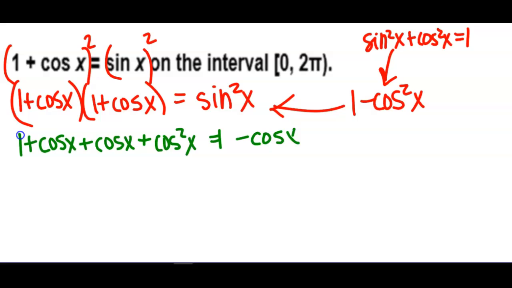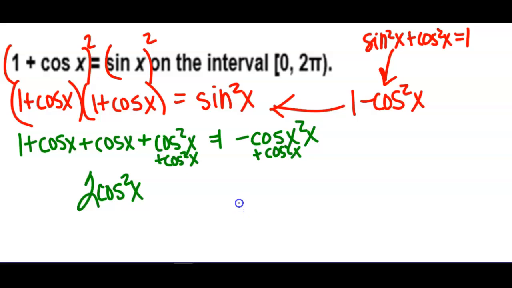And here I traded that out. All right, I'm going to add the cosine squared over here, so I end up with 2 cosine squareds. I added this one. Okay, then I'm going to subtract 1 from both sides. That'll get rid of that. And I'm going to add these two together, so I have 2 cosine of x, and I have equals 0.